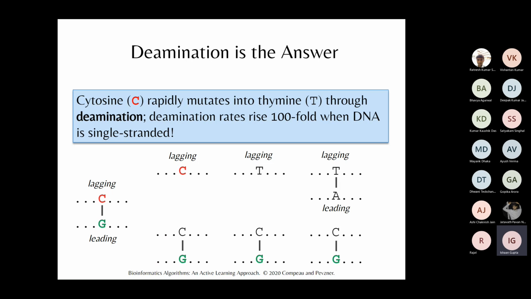So when you keep on doing this over multiple generations of replication events, even within a single E. coli's life, it's going to replicate 50 to 100 times, and you will be making a lot of lagging strands. So even at the end of the lifetime of a single E. coli, the original one in your culture, it's going to accumulate mutations in the lagging strand more often than the leading strand, and those mutations are going to be more often occurring in C rather than any other base.